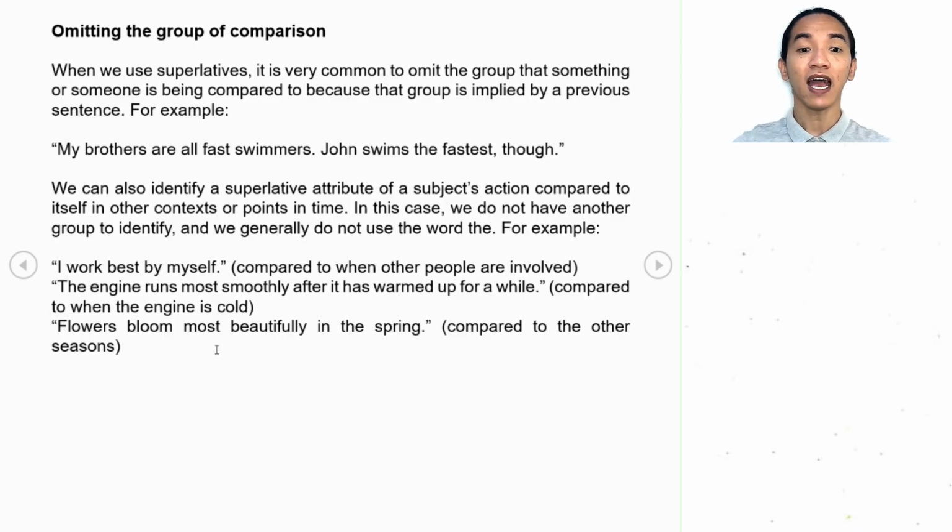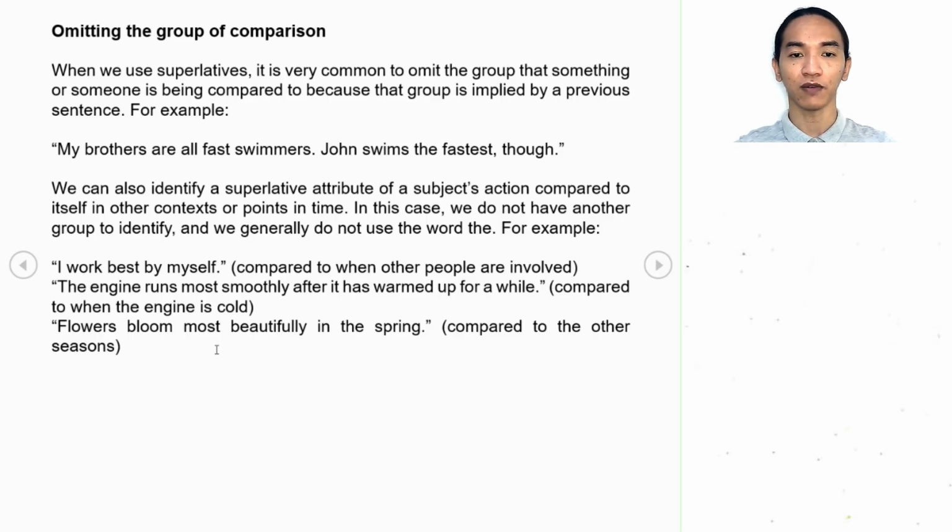Like, for example, I work best by myself. So you compare it to yourself. So the engine runs most smoothly after it was warmed up for a while. So you're just comparing the engine to itself, all right? And the other examples here.